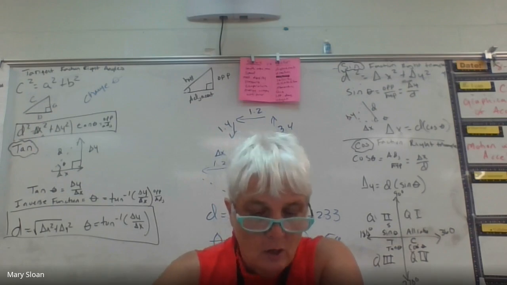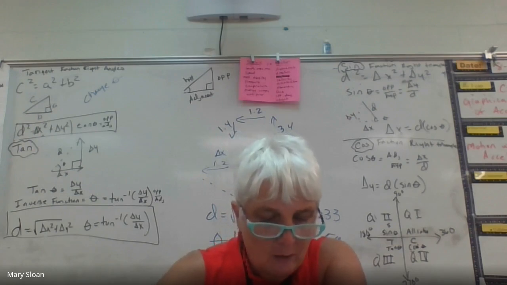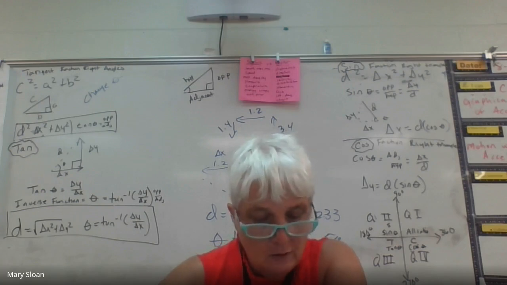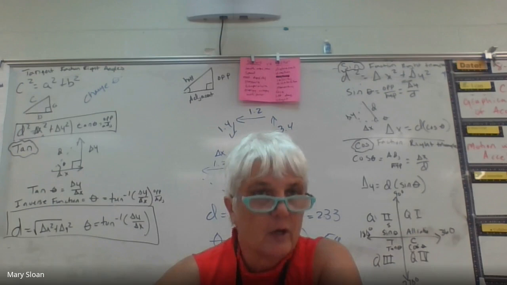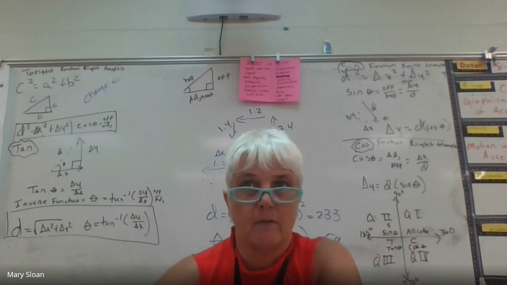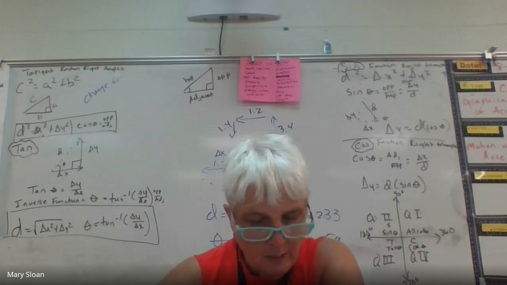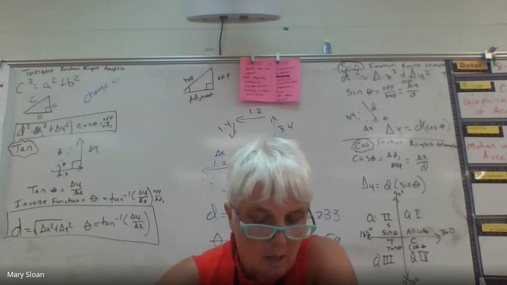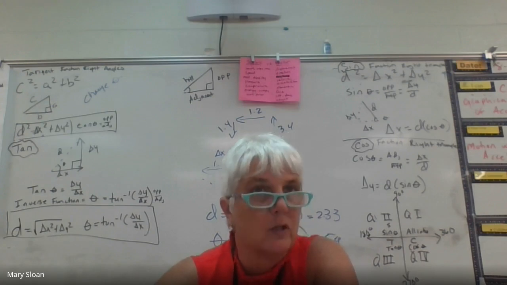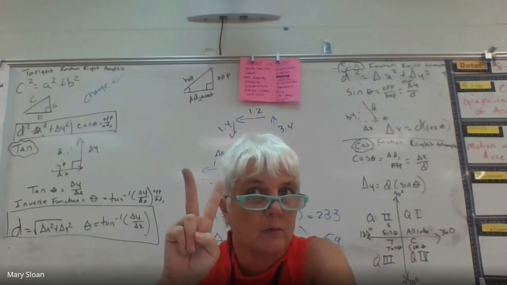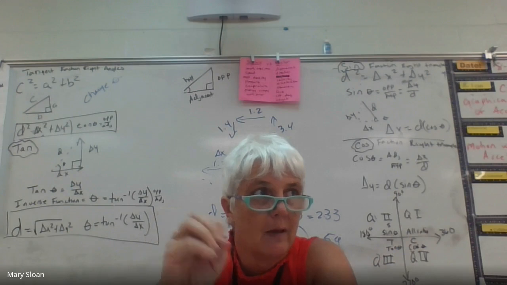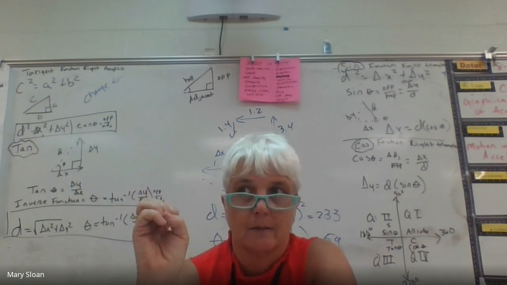If you're looking for the change in Y, we're going to use sine, and to find our change in X, we're going to use cosine. Everybody good so far? Then we take our D, which is our displacement here, and we do it according to the angle because we've got both of those. Does everybody understand what we're doing?